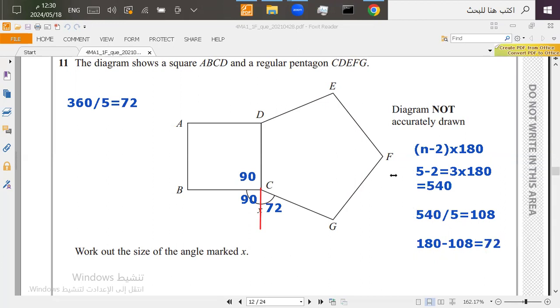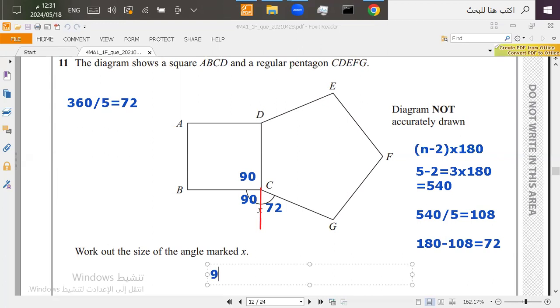By this way, you found the sum of the interior angles, you divide it by the number of angles, you find the interior angle, which is 108, and then subtract it from 180 because this is a straight line, and you'll get 72. Or you can use the easy method, which is 360 divided by the number of sides, and you'll get the exterior angle.